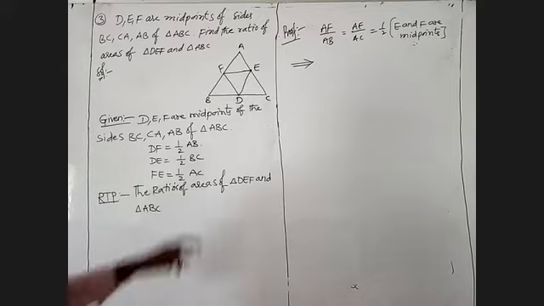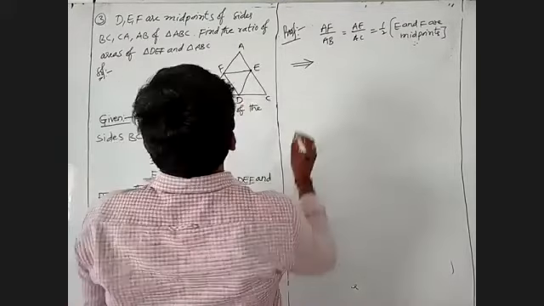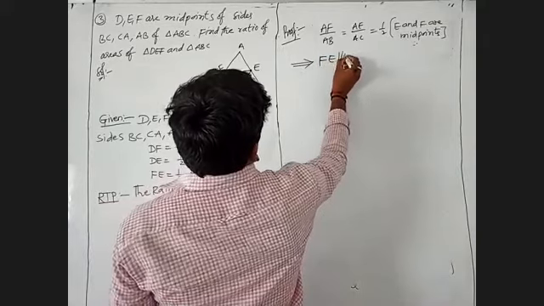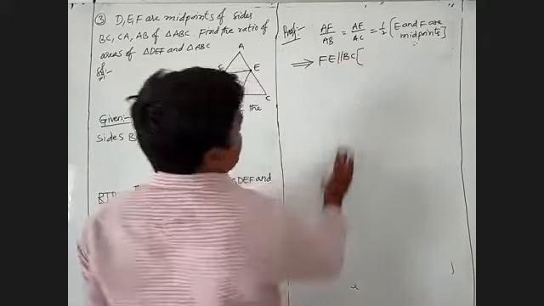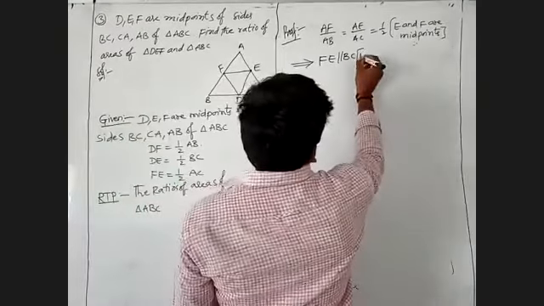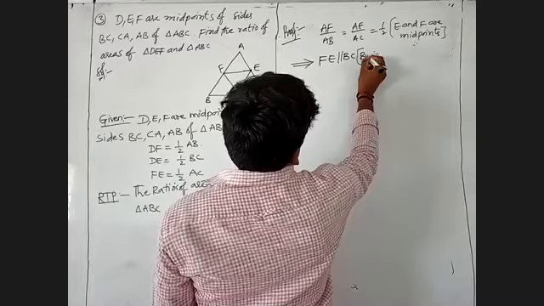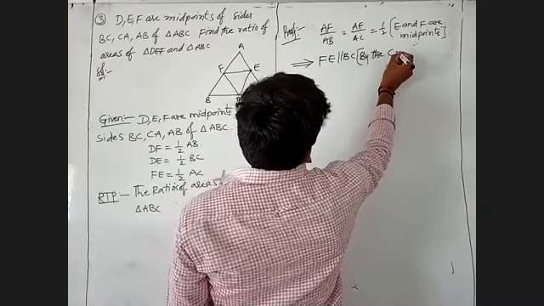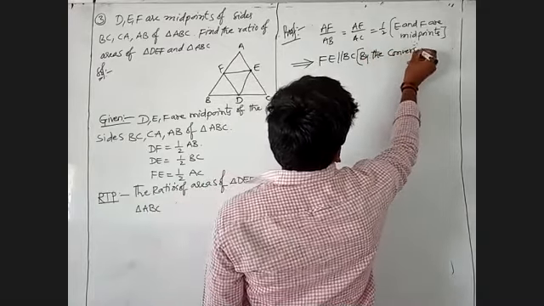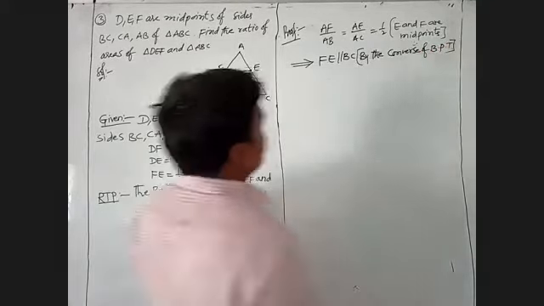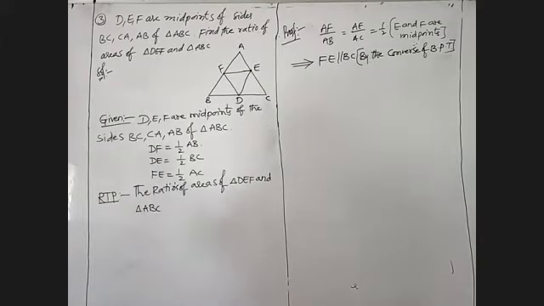Where EF is parallel to BC will write. FE is parallel to BC will write. What is the condition? Here the converse of basic proportionality theorem, where FE is parallel to BC will write.